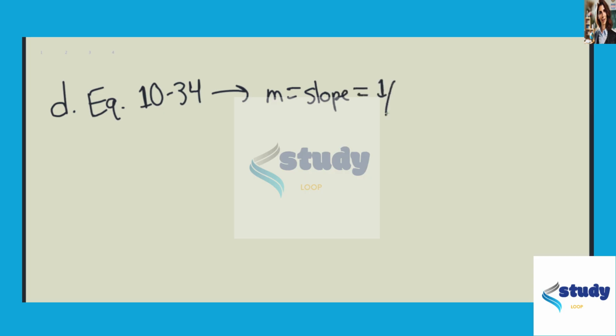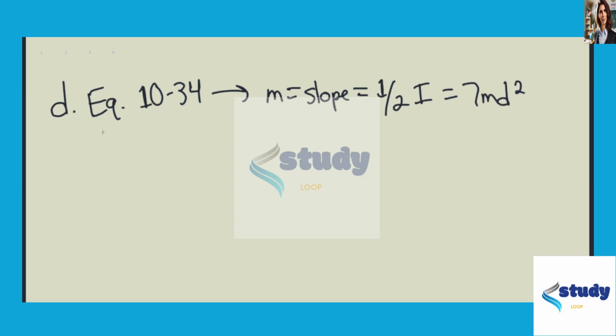For part D, we're going to use equation 10.34. And we know that from this equation, the slope essentially should be equal to 1/2 times the moment of inertia, or 7 md squared.